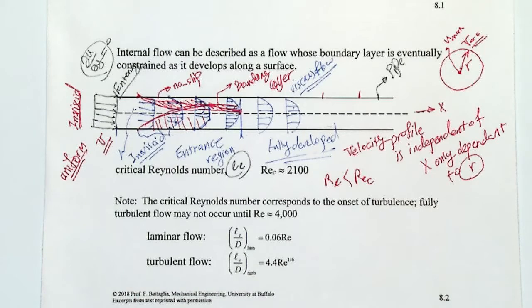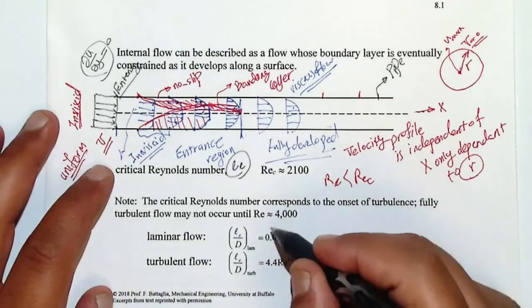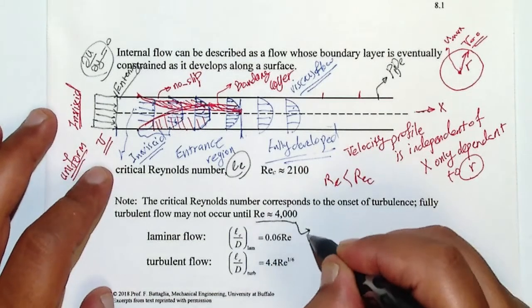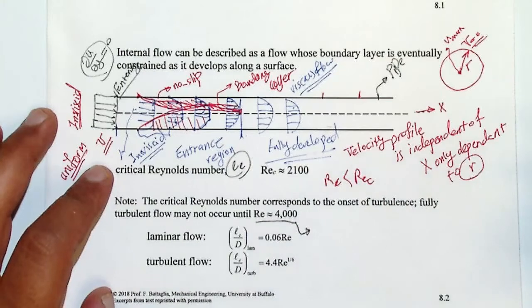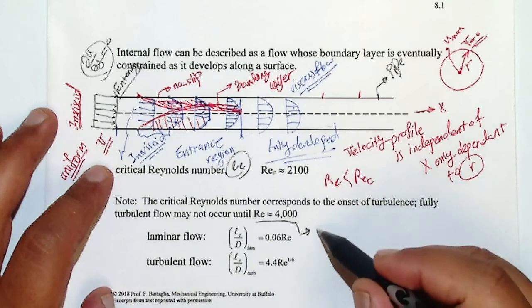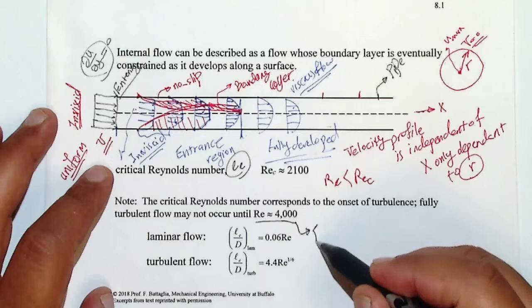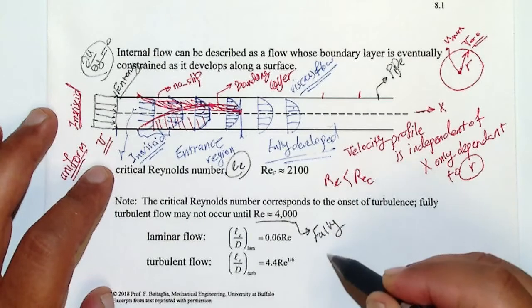But again, that holds until the Reynolds number 4000, which is the critical Reynolds number for moving from transitional to fully turbulent flow.